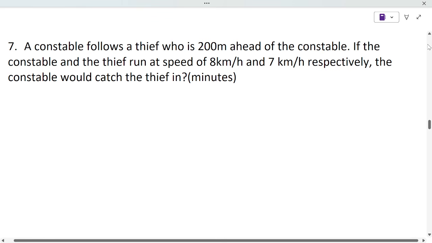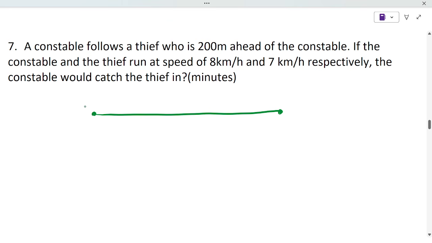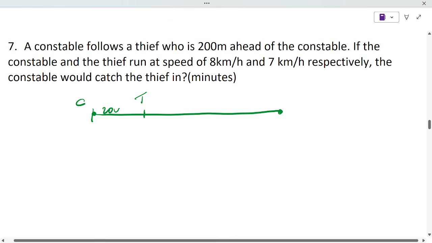Okay, so let's try to understand this with the help of a simple diagram. Here is the constable, here is the thief, and between them there was a distance of 200 meters. Now the speed of the constable is 8 km per hour, and the speed of the thief is 7 km per hour.